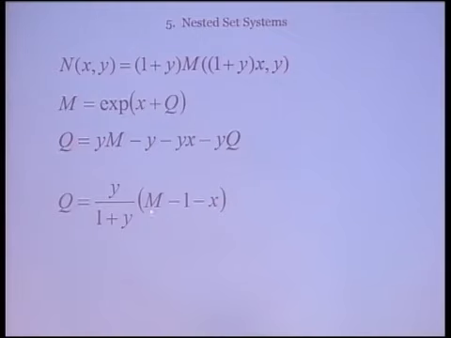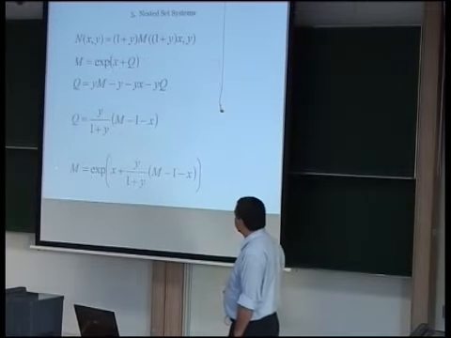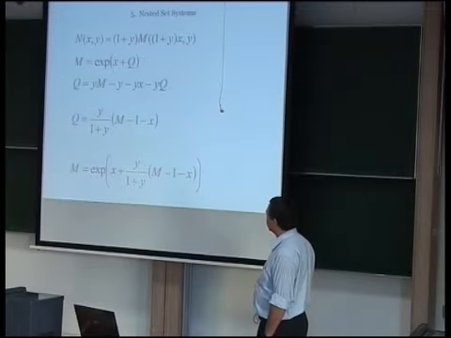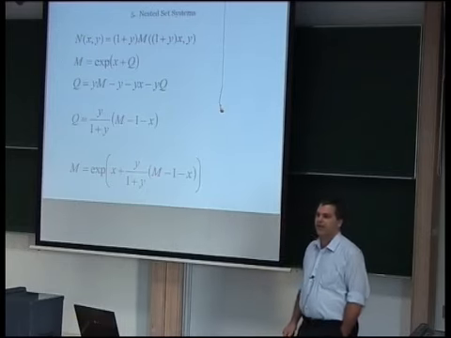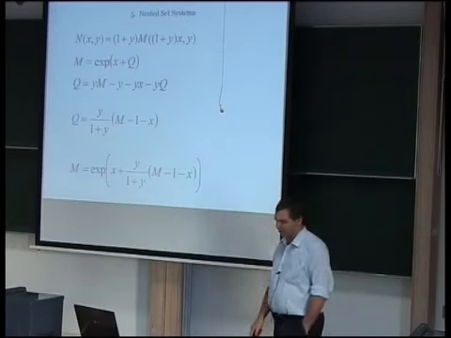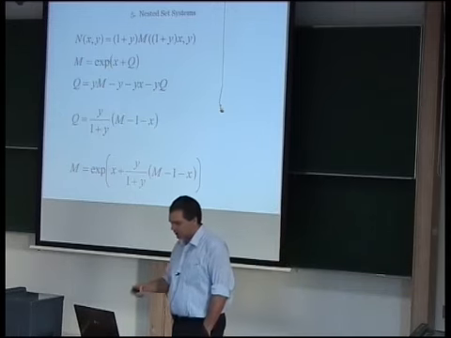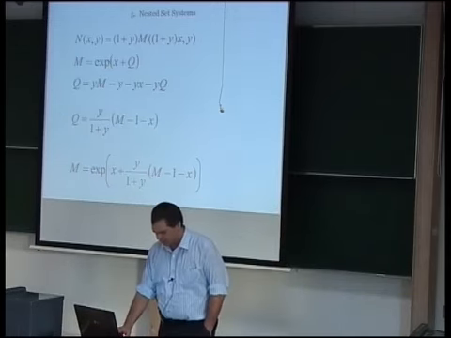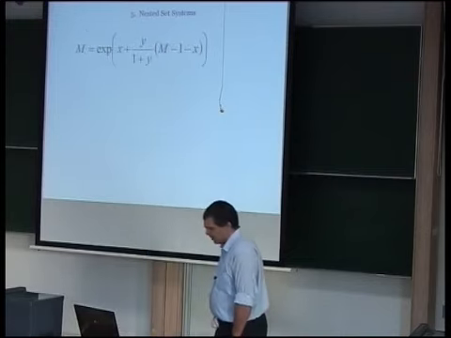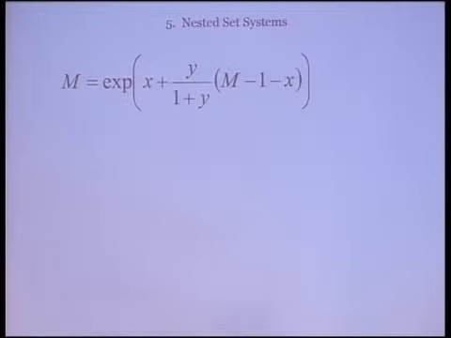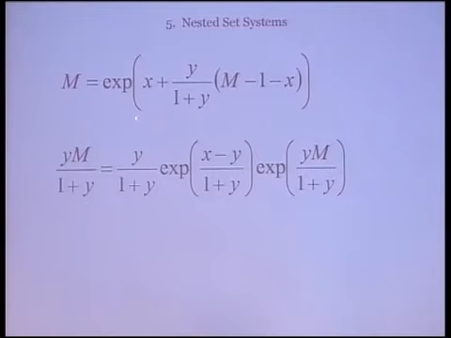So I write Q in terms of M, and then I can substitute it in here. And I get this generating function for M in terms of itself, which is the kind of thing that Lagrange applies to. It's a recursion satisfied by the power series M. But it's a little bit unpleasant. You just monkey around with it as much as you can.